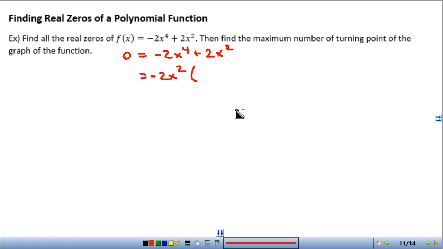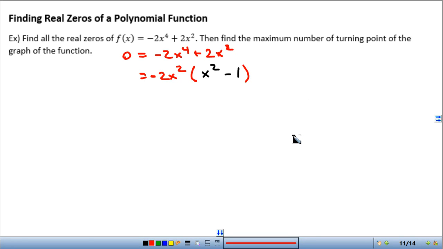So when I pull out the negative 2x squared, I ask myself, negative 2x squared times what gives me negative 2x to the fourth? That's going to give me x squared. And then negative 2x squared times what gives me positive 2x squared? That's minus 1.